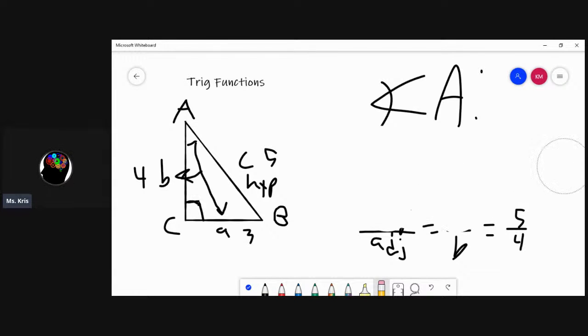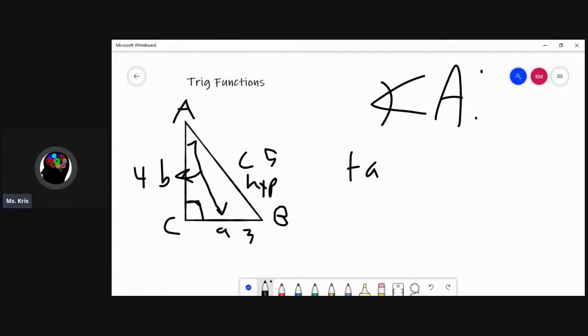Now, last but certainly not least, you have tangent. Tangent's opposite, which is 1 over tangent, is cotangent.